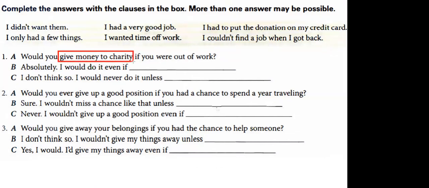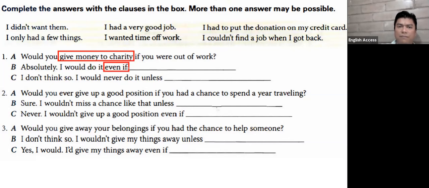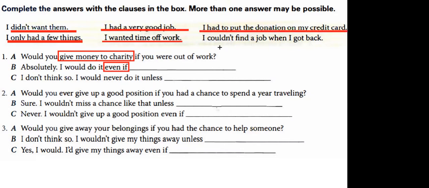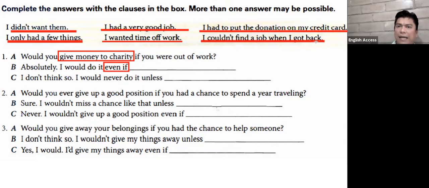Even if what? I didn't want them. I only had a few things. I had a very good job. I wanted time off. I had to put the donation on my credit card. Yes, that is correct. I had to put the donation on my credit card.